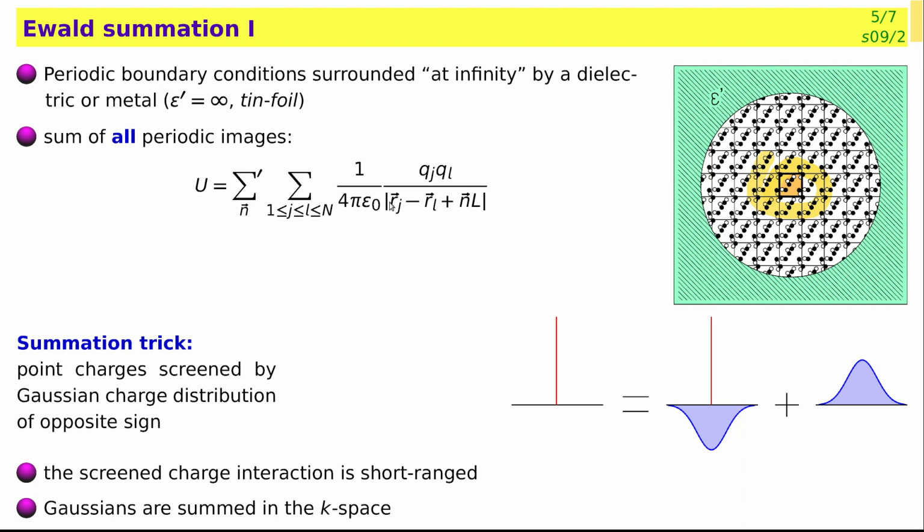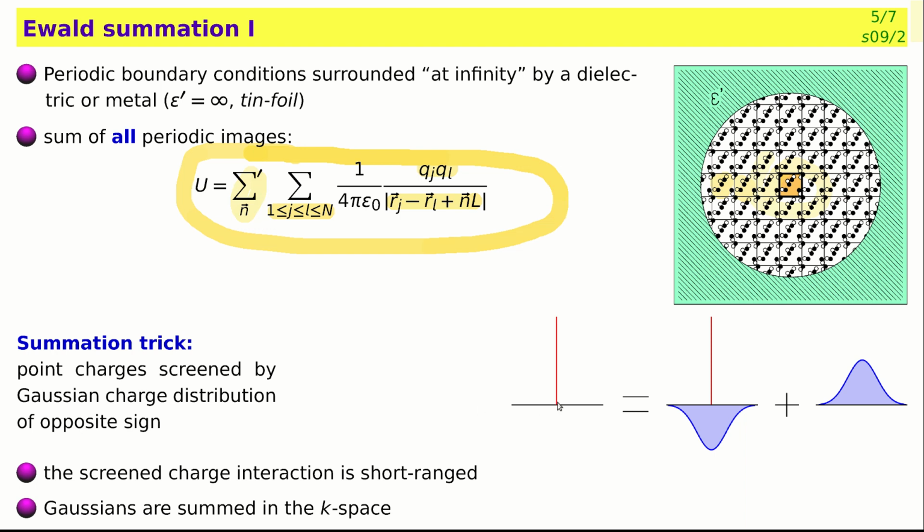It means that we have many more interactions to calculate, an infinite sum over all periodic images, and to calculate this pairwise additive interaction, 1 over the distance between these particles, over all pairs. But there are very fine mathematical tricks how to simplify this huge sum. The trick is following.